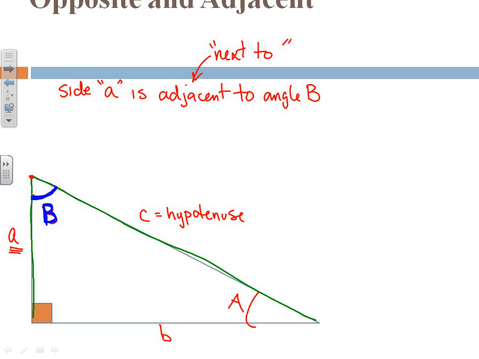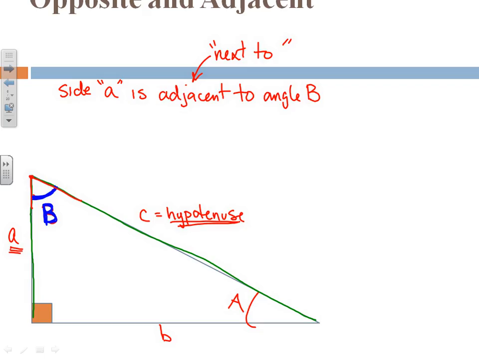Side c is the hypotenuse, and we never say that it's adjacent to an angle, even though technically it is, because it helps make that angle. But c is special. c is the hypotenuse, so we never call c adjacent, we just call it the hypotenuse.